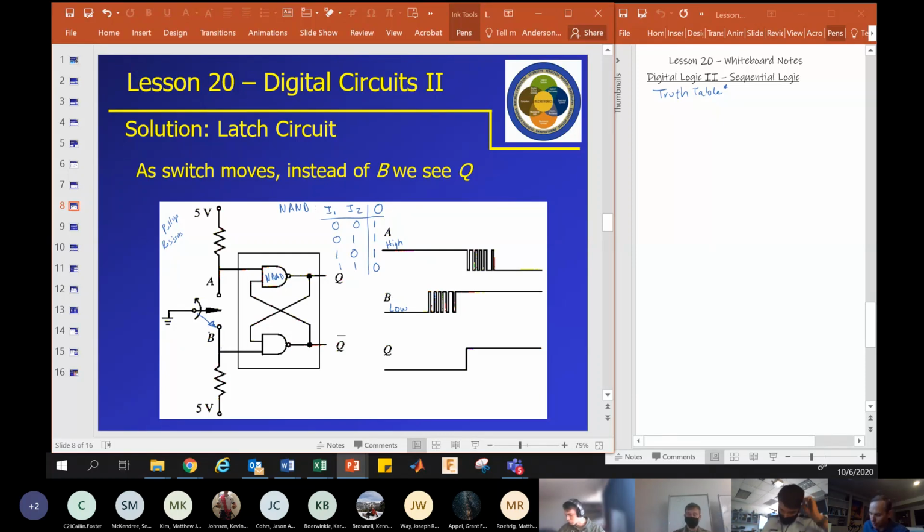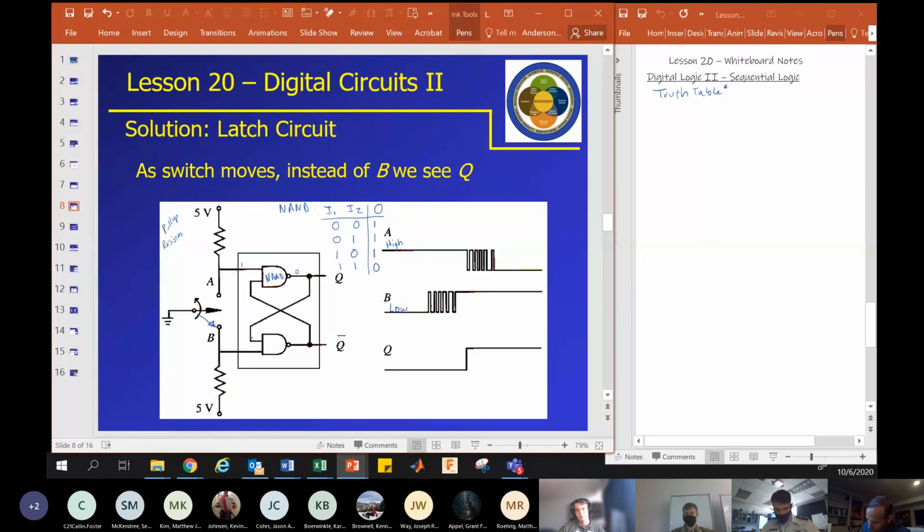We're going to flip the switch from B to A, and if we did this with a mechanical switch, we would get this bouncing, and you're going to see that in the lab. So A starts high, so this is a 1, and Q is low, so this is a 0.